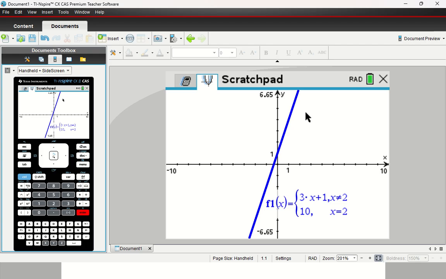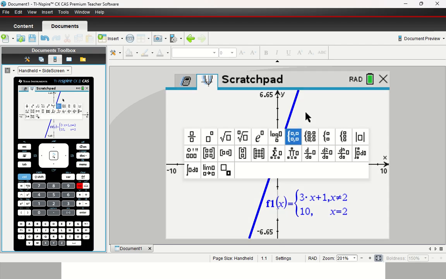Yeah? Okay. So that would be a regular system, where this one right here is piecewise because it has the commas separated. Ones without commas are systems. With commas are piecewise.